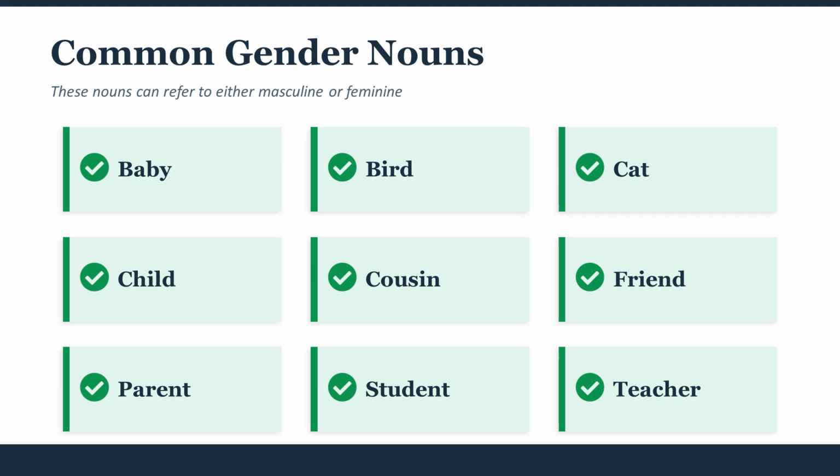Child, whether it is a boy child or a girl child, we simply say child. Cousin, your cousin can be a male or a female relative. Friend, a friend can be of any gender. Parent, this word refers to either a father or a mother. Student, a student can be a boy or a girl. And teacher, a teacher can be male or female. So remember, these common gender nouns do not change their form based on gender.